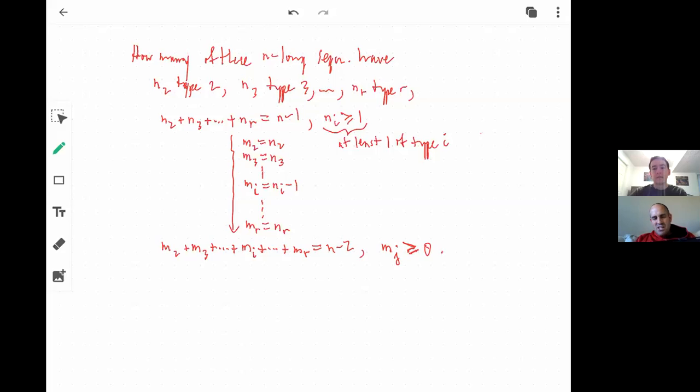And by the way, they can't be any more than N-2, but that's forced by requiring that they're all bigger than or equal to 0 anyways. Okay? So how many of those sequences are there? What do you think?